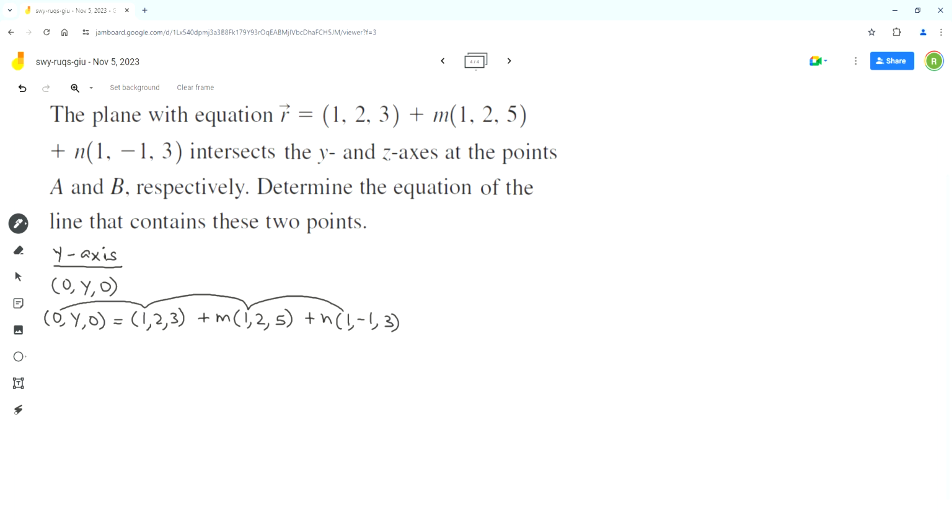So the x equation is, now we can write the y equation. So I use the y components of these vectors. And next we can write the z equation by using the z components of these vectors.